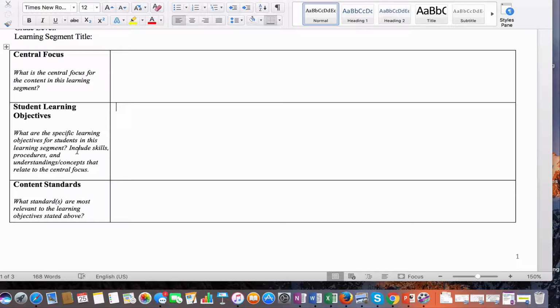And then you also want to include conceptual understanding. That is most likely going to be outliers.